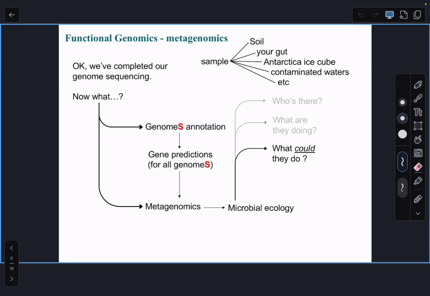And they try and learn from those communities by playing this game of, let's see who's out there, what they are doing to the best of our abilities, and even more so what they could be doing. So we try and start formulating some testable hypotheses that might lead us to the identification of certain key genes that we could then use in some type of biotechnological approach for bioremediation or detoxification using genetic engineering.